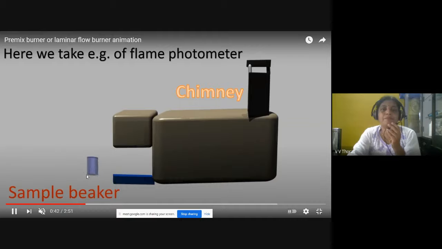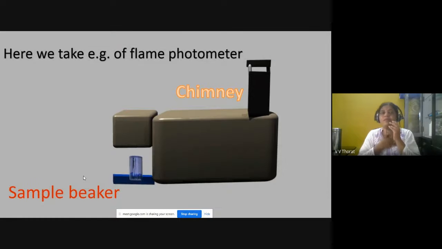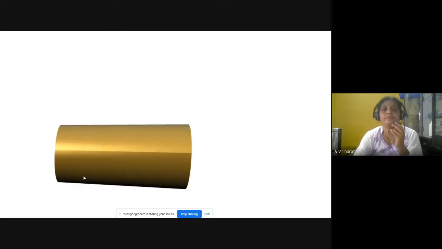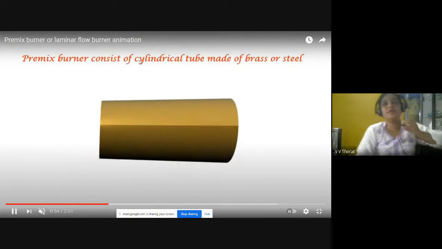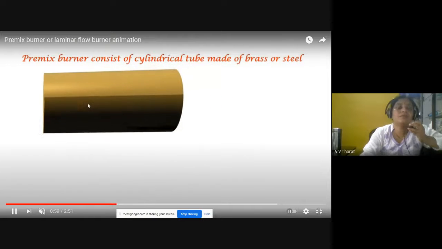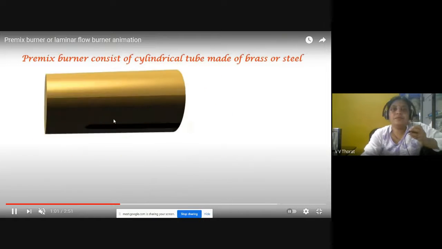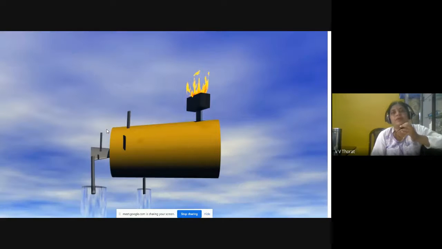This is a sample beaker. I hope you all can see the animation part. Pre-mix burner consists of a cylindrical tube made of brass or steel. So you can see this is a cylinder.